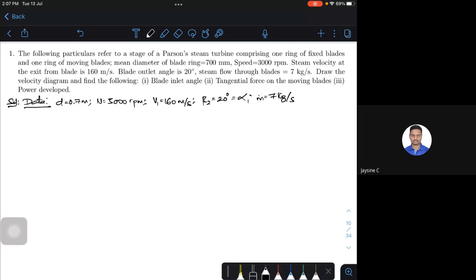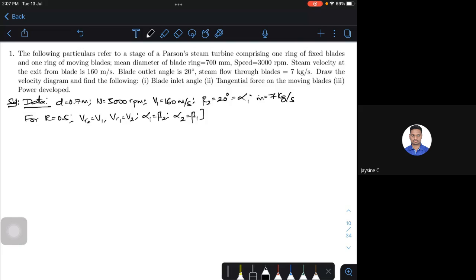Then they have asked us to draw the velocity triangle and find the other things. For a Parsons turbine, R is equal to 0.5. So we have these conditions: VR2 is equal to V1, VR1 is equal to V2, alpha 1 is equal to beta 2, and alpha 2 is equal to beta 1.